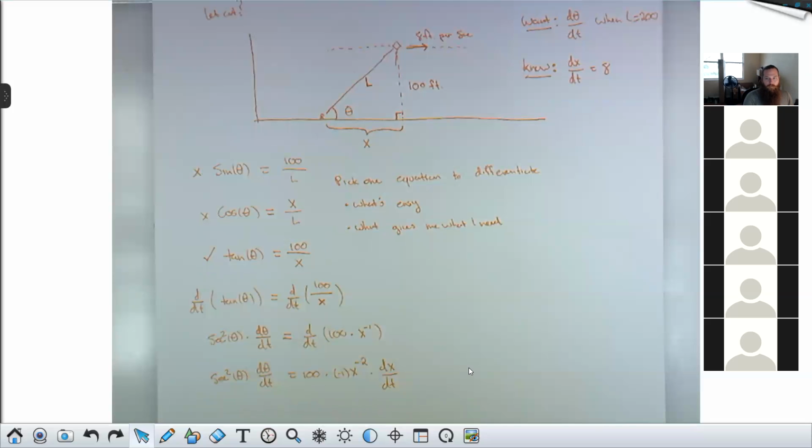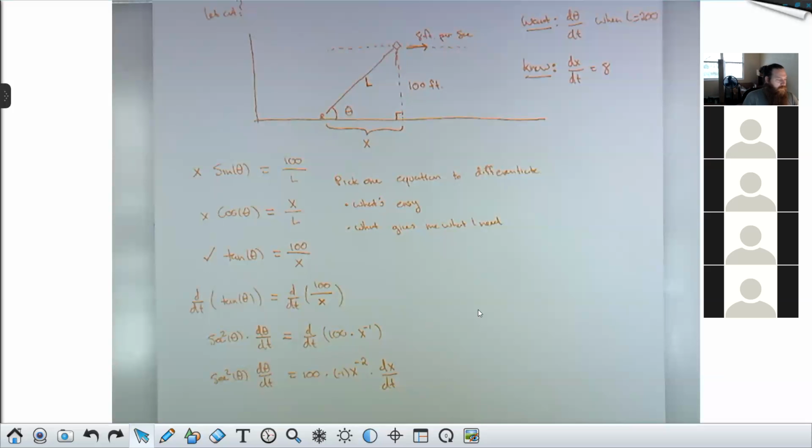Why didn't you take the derivative of 100? Because 100 is a constant. This is a constant multiple. It just comes along for the ride. You could use a product rule here if you wanted to, but you don't need to because 100 is a constant. The term in the product rule that involves the derivative of 100 would be 0. So remember one of our early differentiation rules.